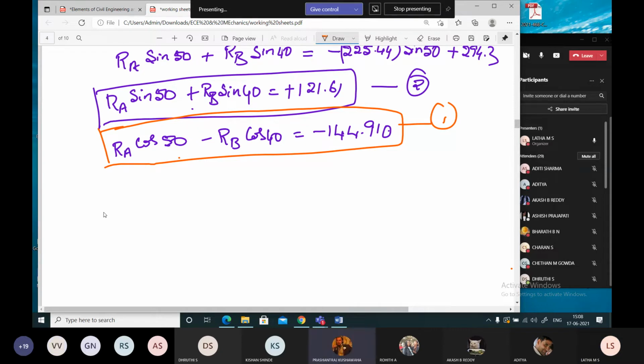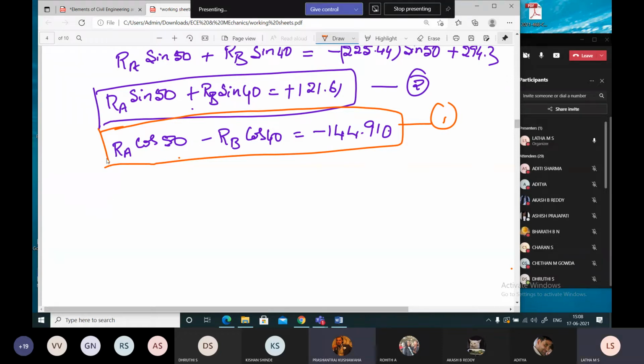Ma'am, getting the RA value and substituting. From which equation? Ma'am, from both 1 and 2.